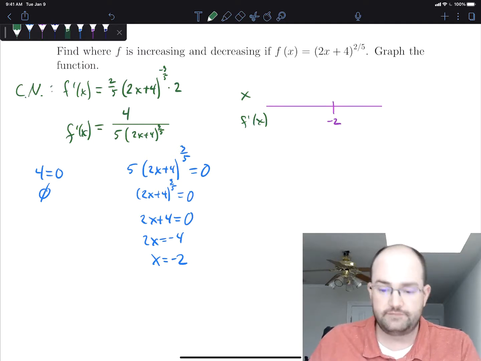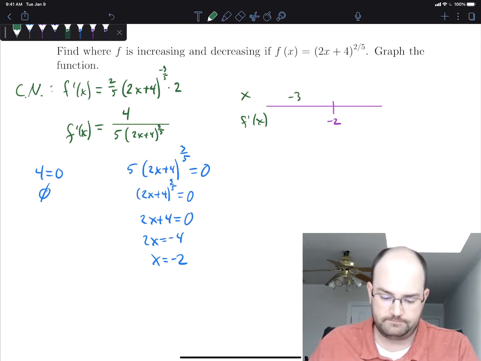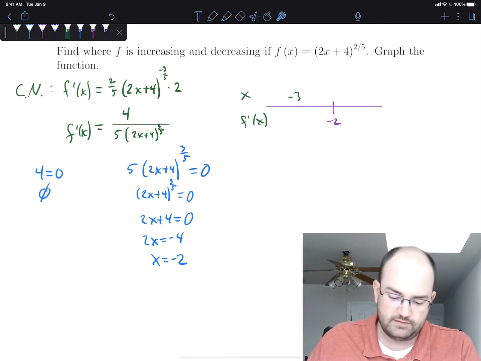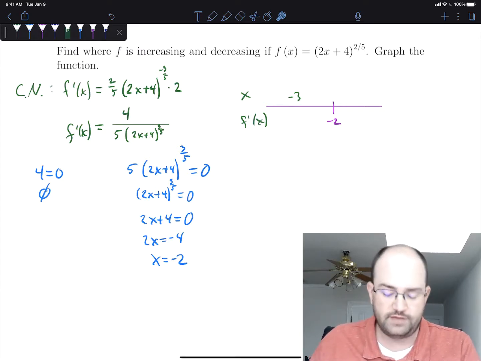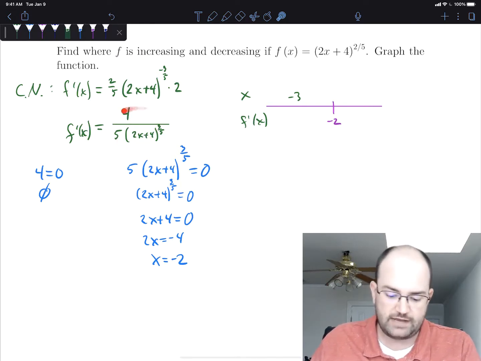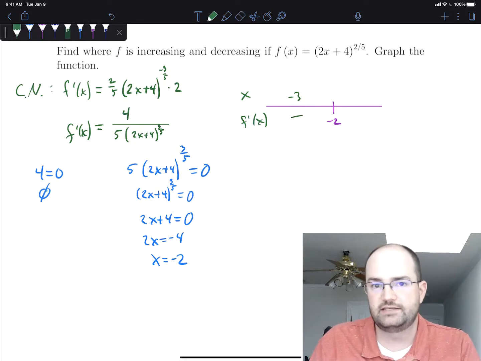To the left of negative 2, let's just say negative 3. If I plug that in, 2 times negative 3 is negative 6, plus 4 is negative 2. Negative 2 to the 3/5 power is still negative, that's all we care about. Negative times a positive is negative, positive over negative is negative. The entire thing here is negative. That's the important thing here.